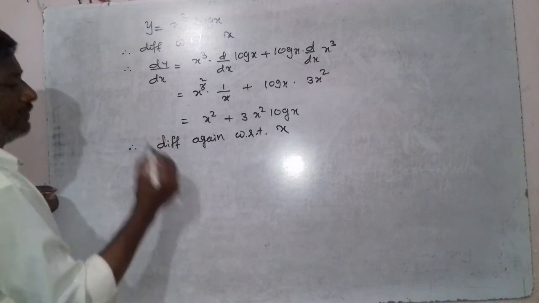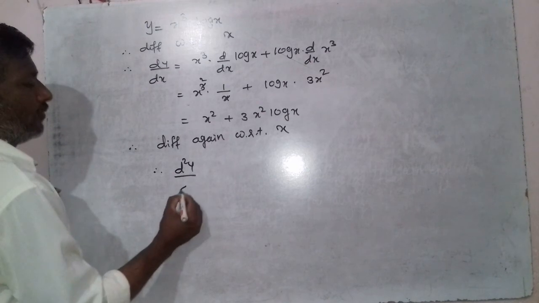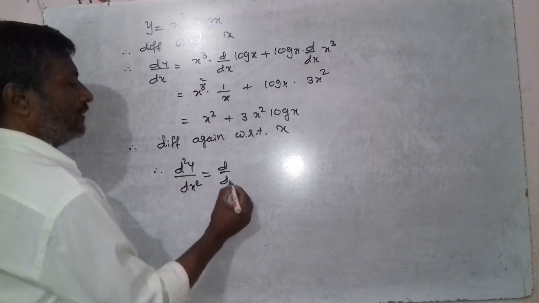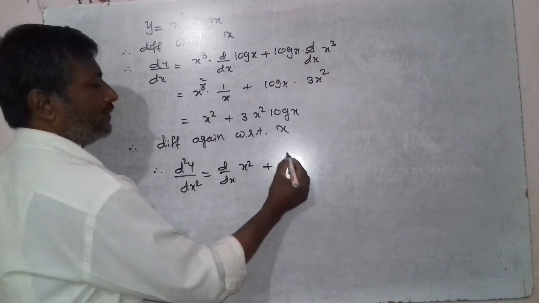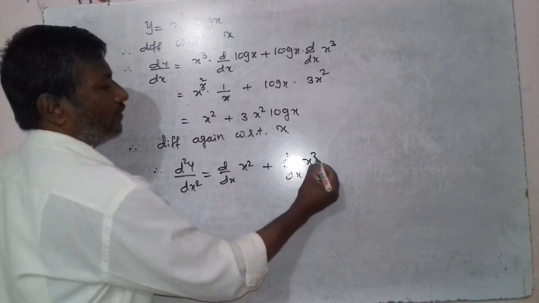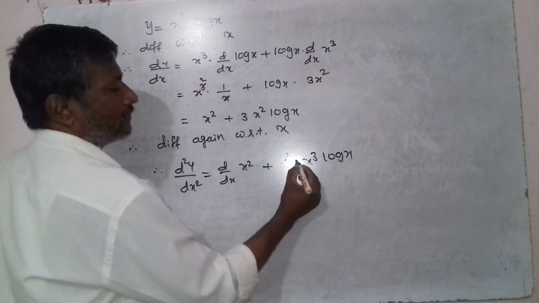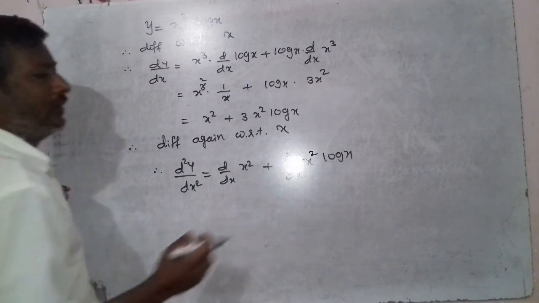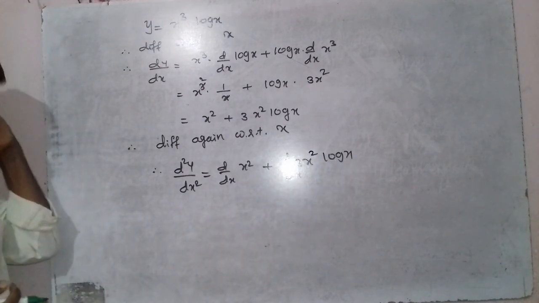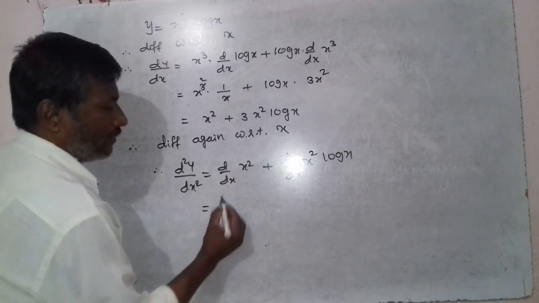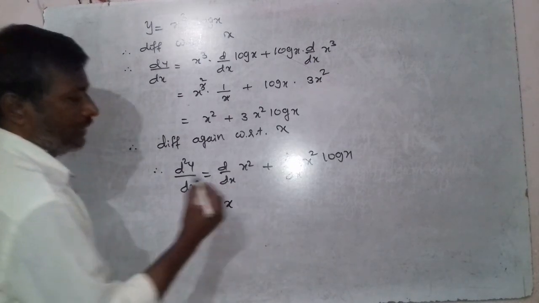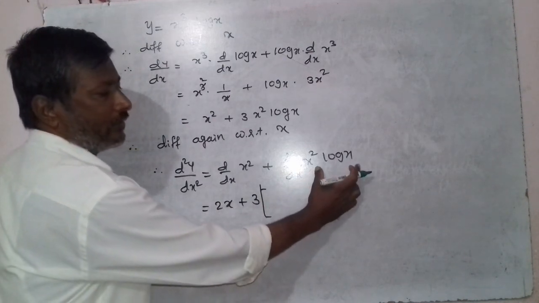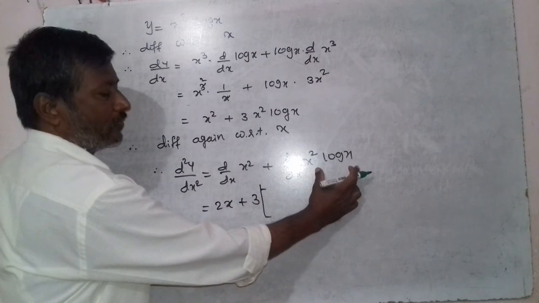Therefore, the derivative of this equals d square y upon dx square equal to d by dx of x square plus d by dx of 3x square log x. So this equals derivative of x square, which is 2x, plus 3 into bracket. Again it is product rule. Apply the product rule here.